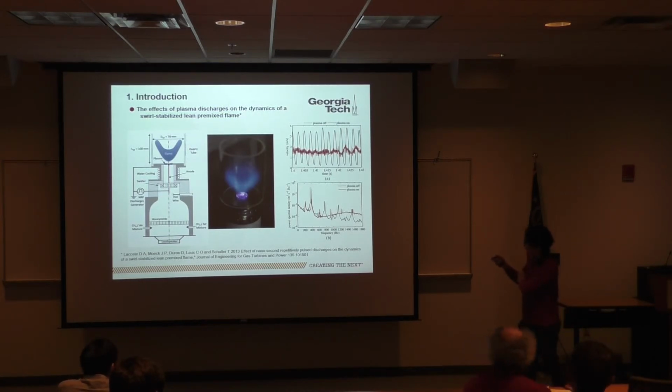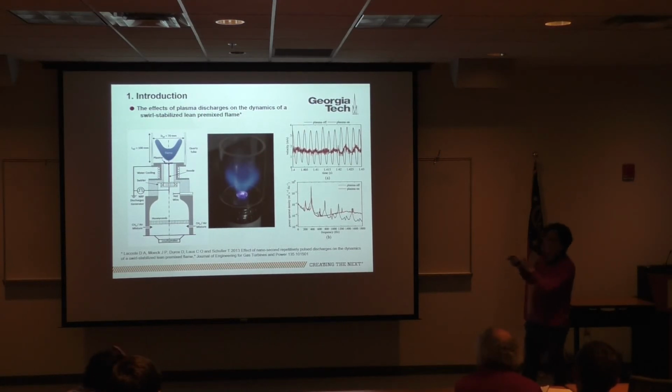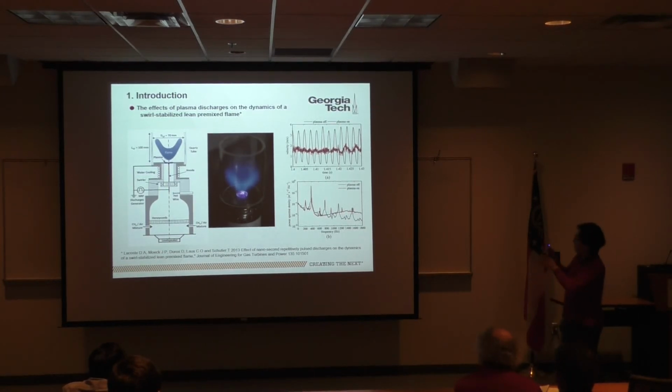So due to the plasma, lots of radicals are generated here, and I think that is a holding mechanism for the flame. But yeah, I need further investigation about that. I just observed it, and what I need to do is analyze and understand more. Actually, I don't know exactly, not yet, yeah.